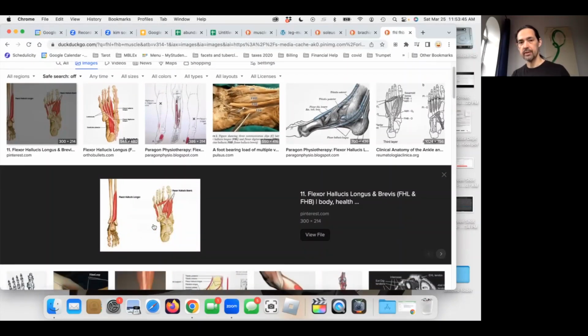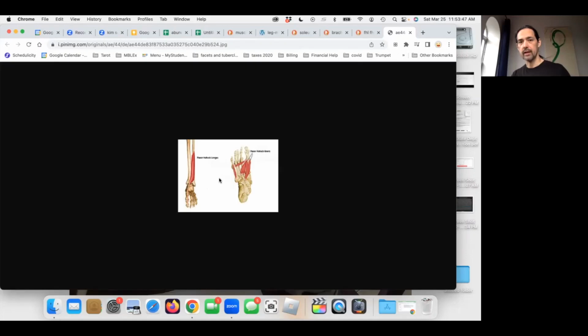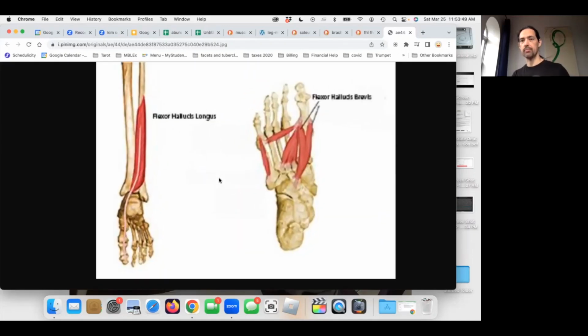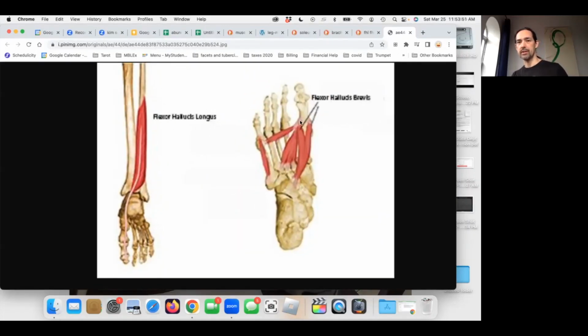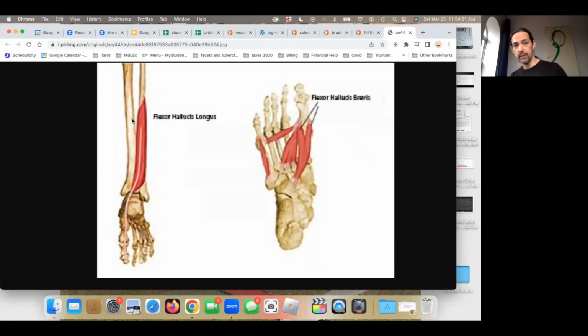So here's the flexor hallucis longus and flexor hallucis brevis. This is the big toe, the hallux. The flexor hallucis longus is in the back, so the soleus would be over top of this and the gastrocs would be up here.